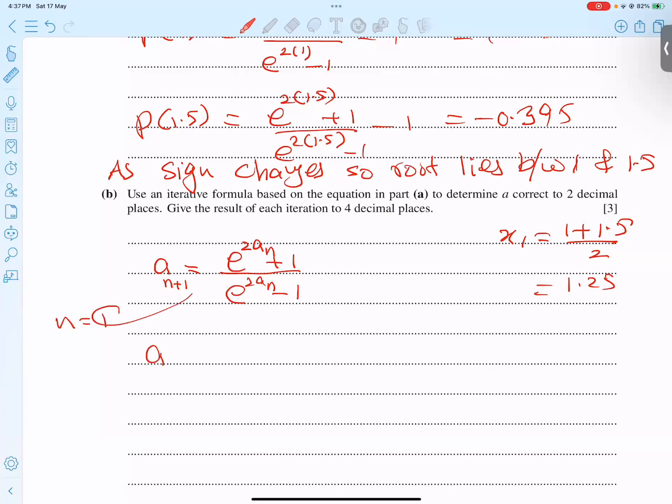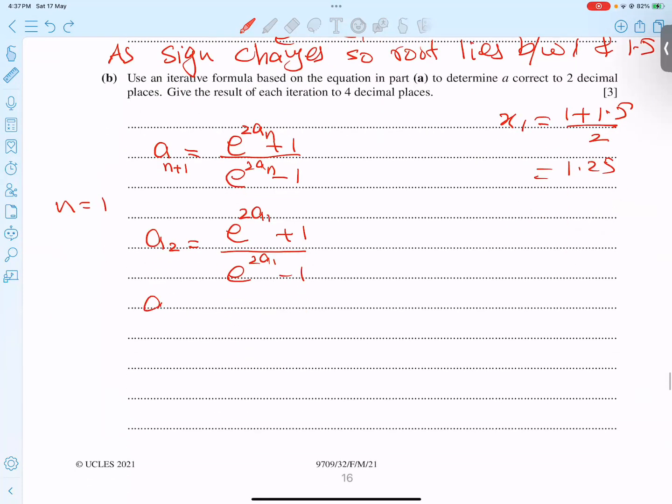I replace 1 here, 1 plus 1 gives us 2. So e to a1 plus 1 over e to a1 minus 1. When I apply it, what answer am I getting? 1.25 goes in here and here. So let me check.